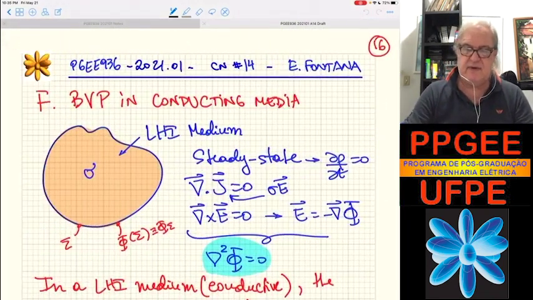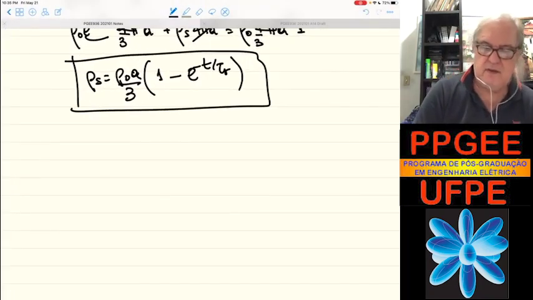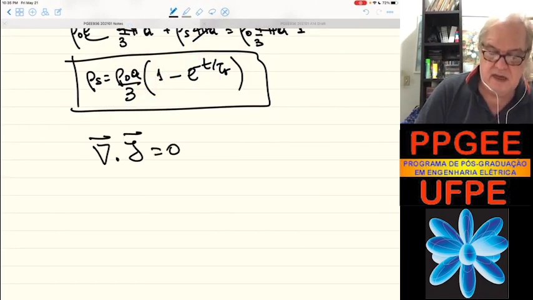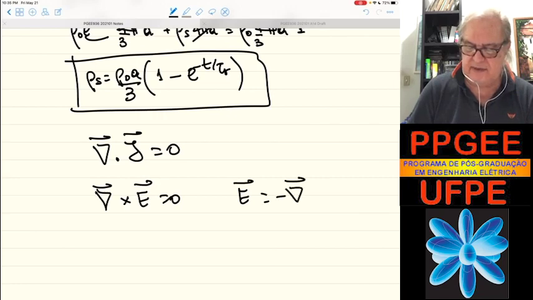Let me just do this separately here. You have divergence of J equals 0, curl of E equals 0. So it means that E equals minus the gradient of a potential, right?